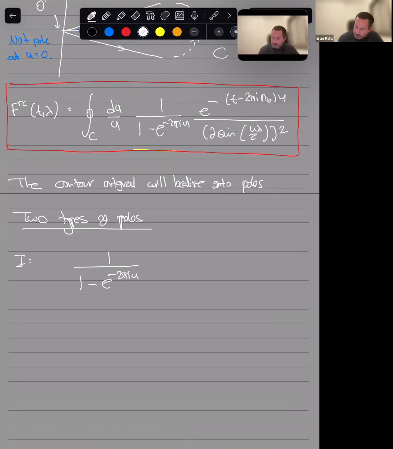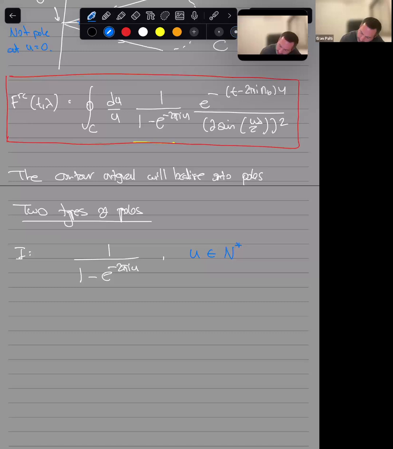So that's going to give us a pole whenever u is, okay, so that's the pole. I'll write this in blue maybe to remind us. Whenever u is a positive integer. When u is a positive integer, e to the 2 pi iu is 1, so that's going to give us a pole. So these are the positive integer poles.